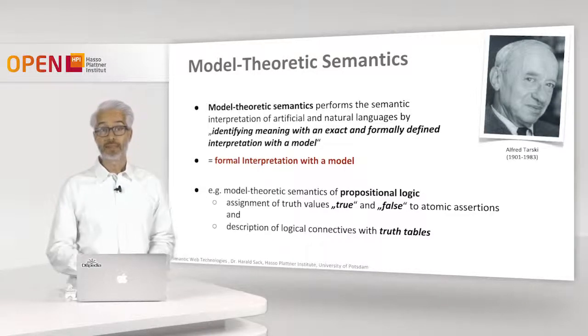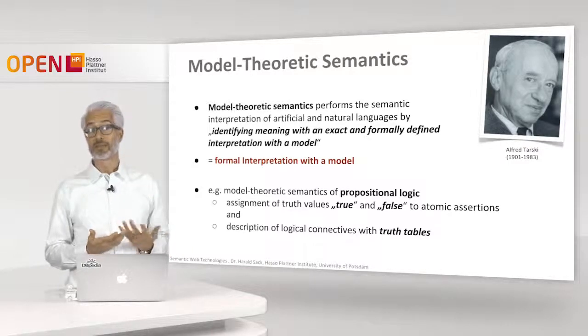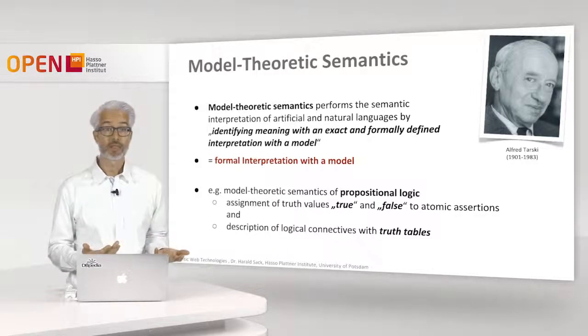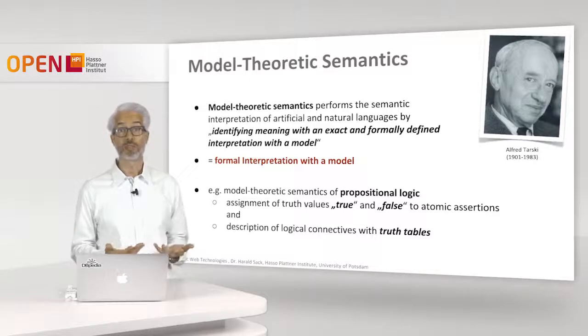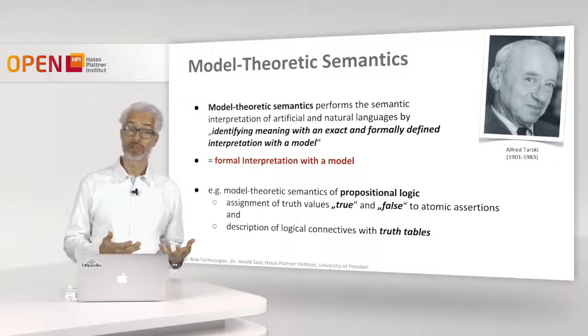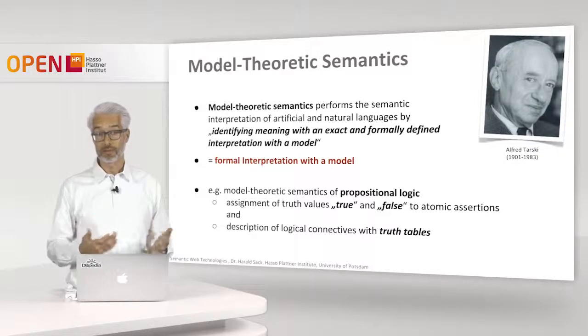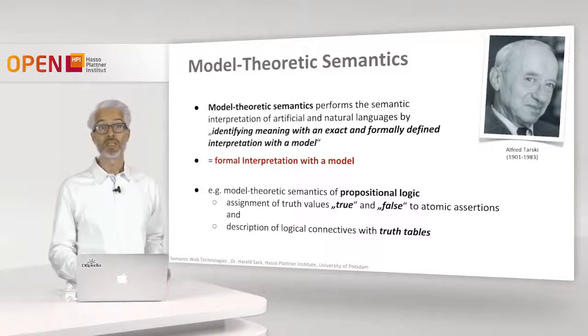So he says the meaning or the semantics of a statement in a natural or an artificial language like logic is nothing else than the formal interpretation with the help of a model. And as we said, a model always is simpler than the real world thing we want to model with it. So therefore, it's easier to derive also the meaning.